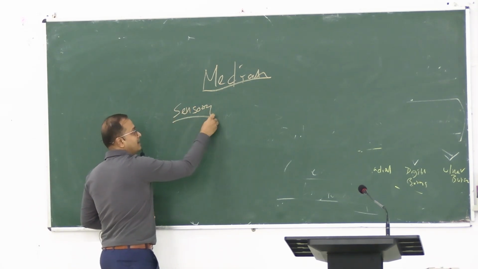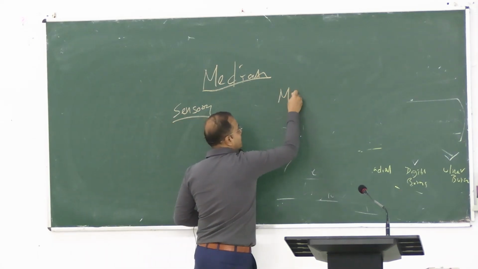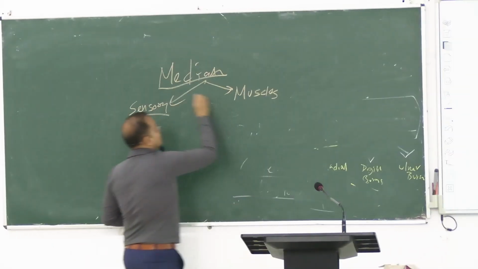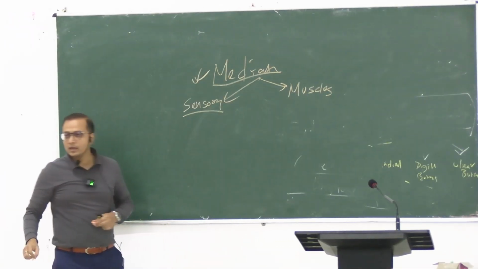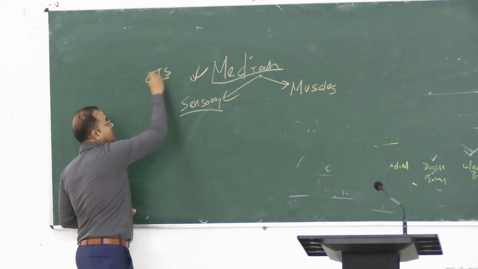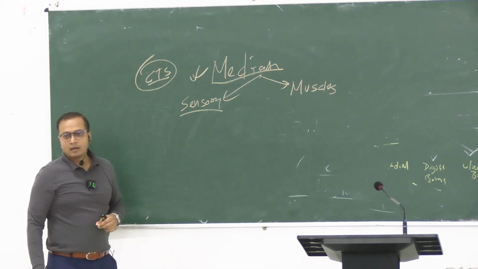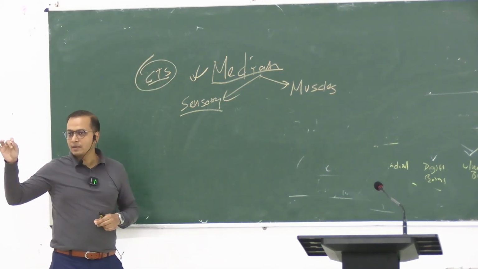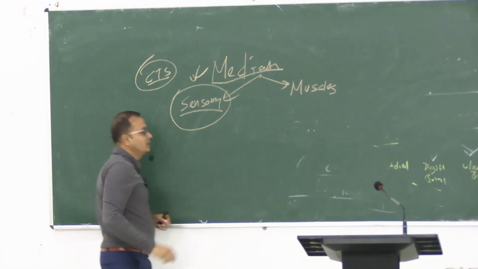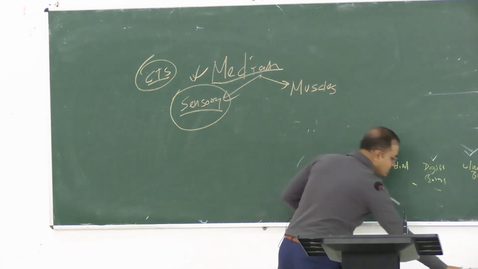Because it supplies the skin and it supplies the muscles. So now we are talking about median nerve injury in carpal tunnel syndrome, CTS. If you have median nerve damage in the carpal tunnel, there will be an effect on the sensory function, and there will be an effect on the motor actions.